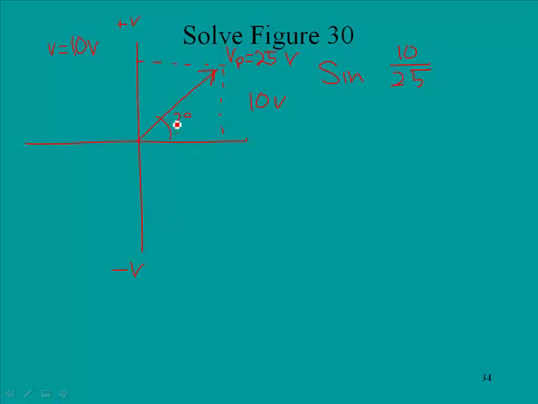We don't know what the value of the angle is. Remember when we do sine, we say sine of degrees, and that gives us the ratio, but here we have the ratio. So in this case, we're going to do the arc sine of 10 over 25.